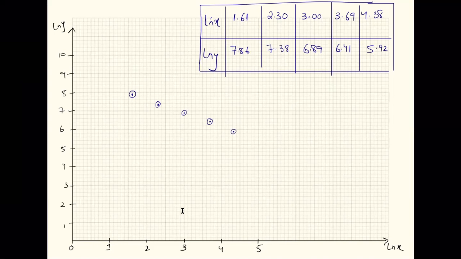Now I'll have to draw a straight line that connects these points. And since I want to find the y-intercept as well, I'm going to extend it to the y-intercept.